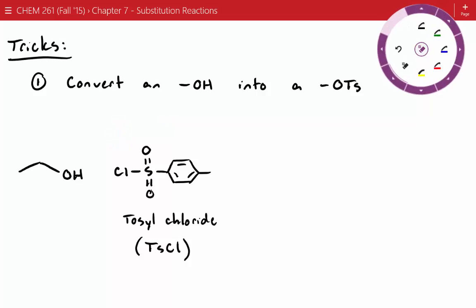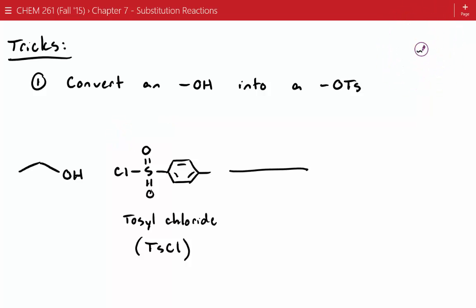And when we do this reaction, we have to use a special base. So in this reaction, we use this non-nucleophilic base. It's a heterocycle with nitrogen in the ring. This is called pyridine. People oftentimes abbreviate this PYR.